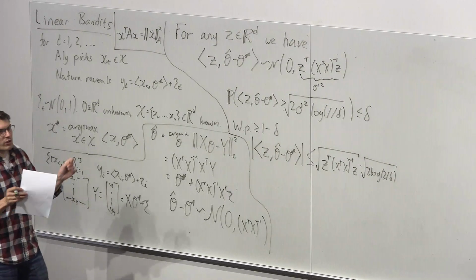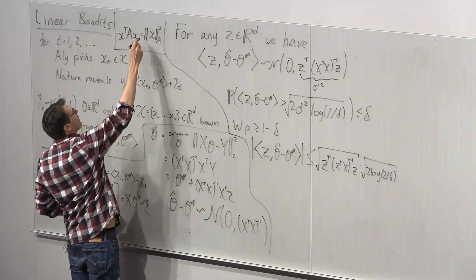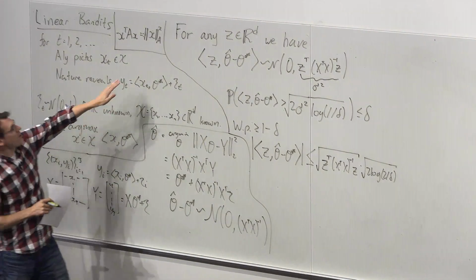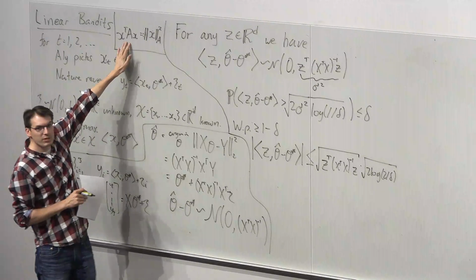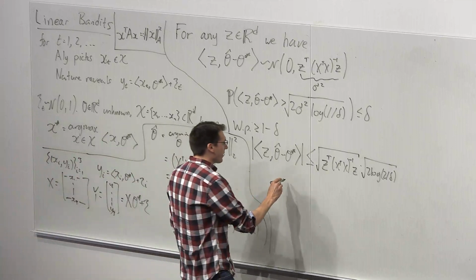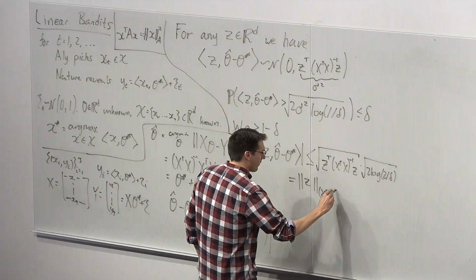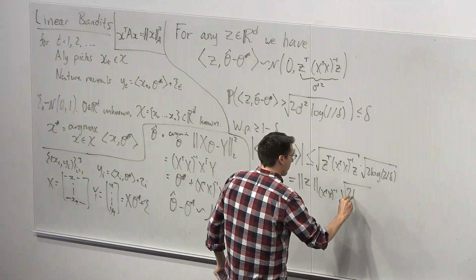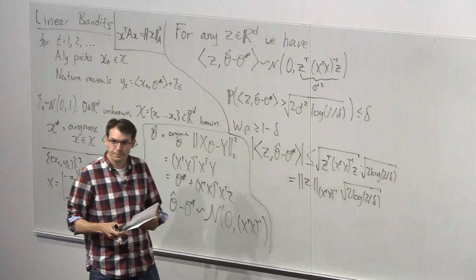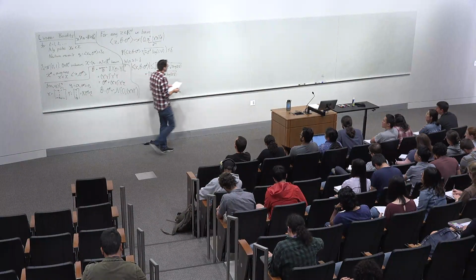Basically, it is just stretching different dimensions in different directions. So anytime you see the norm of x squared sub A, I actually just mean this. It's just a little simplifying notation so that I can then write this as the norm of z with respect to (X transpose X) inverse, times square root of 2 log 2 over delta. Okay, that'll be important.